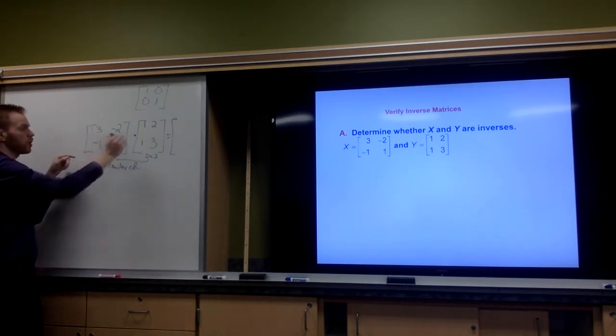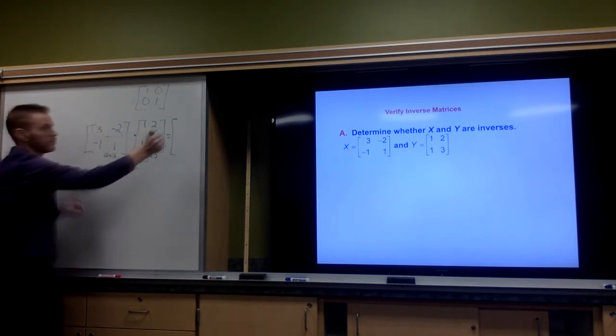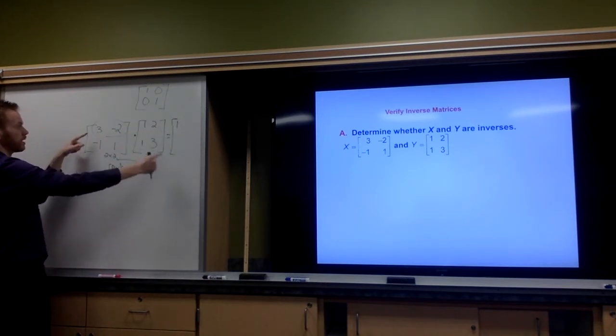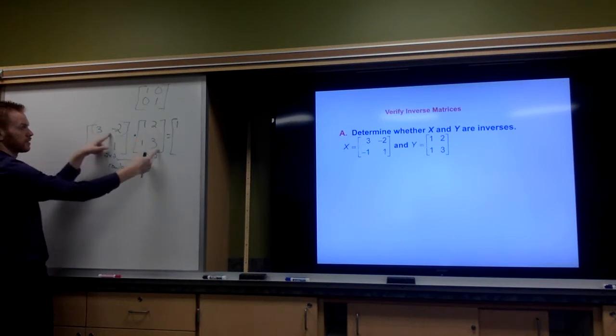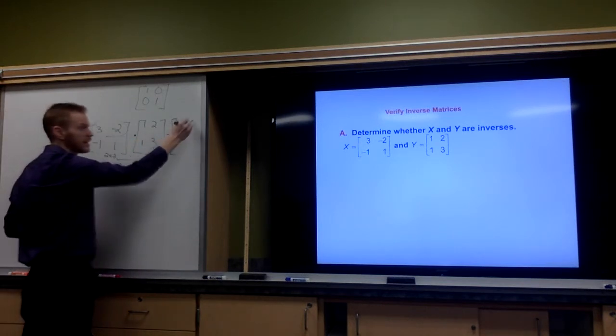So here we go. We're going to take this row, multiply it by this column. So that's a 3, right? That's a negative 2. If I add them up, I get 1. Then we do the next column. 3 times 2 is 6, plus a negative 6, right? When I multiply these, it gives me a 0.